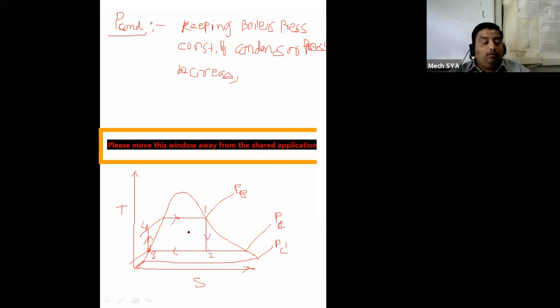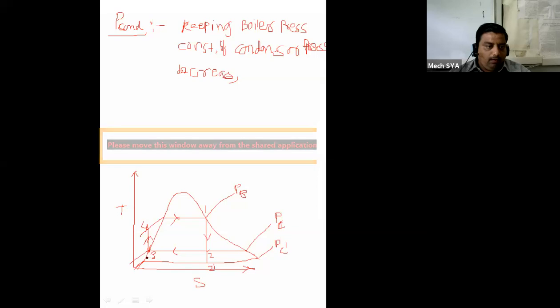Now we decrease the condenser pressure. So then what will happen? Boiler pressure we have to keep constant. For the new Rankine cycle, point 2 will shift along the vertical line, extended to 2 dash. And this point 3 will be shifted to 3 dash. The point which was here is now 3 dash. And from here, point 4 will also be changed.